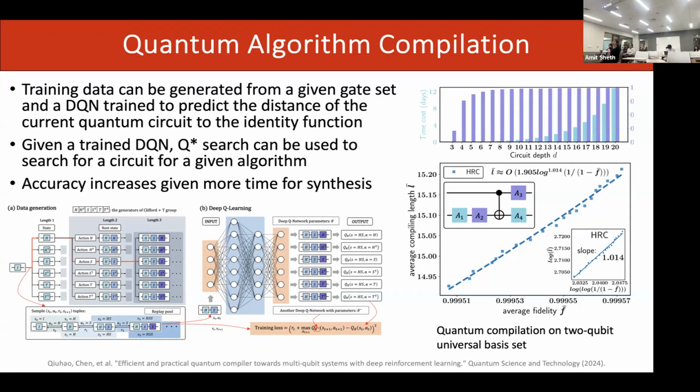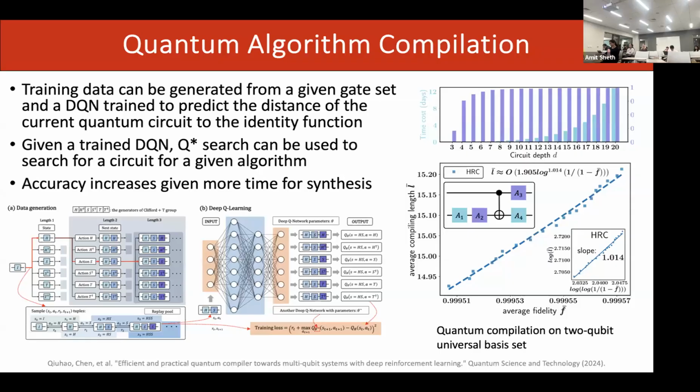But what they show is that they're able to synthesize these circuits. I can't remember the exact results, but they had some results for accuracy that they can do better than some approximate methods. But also another important thing for this is some of these gates are more expensive than other gates.